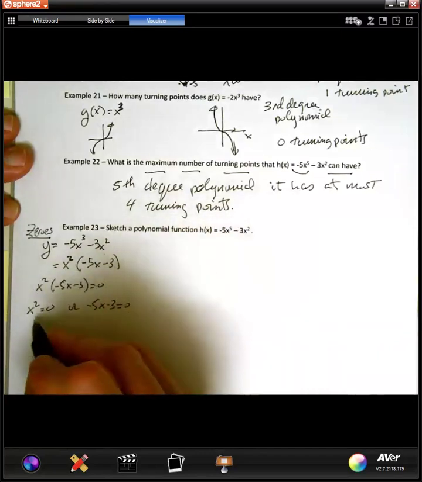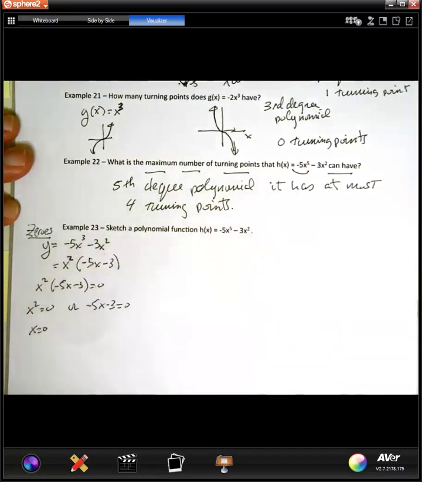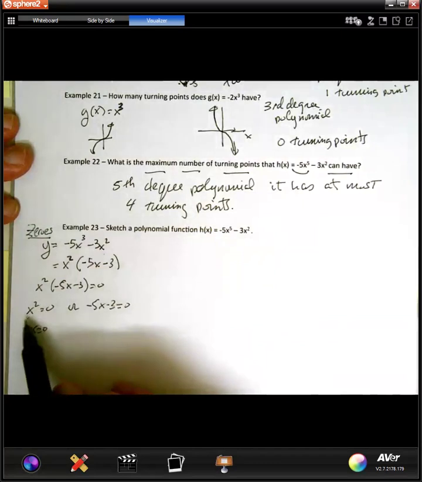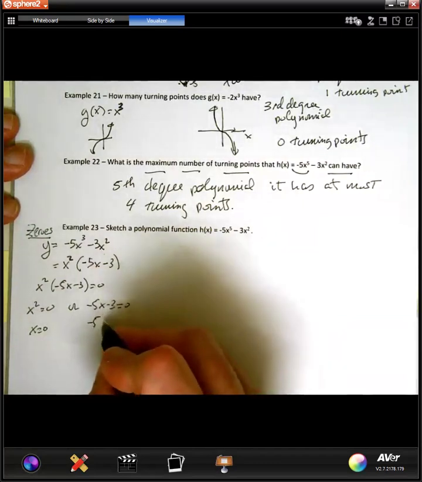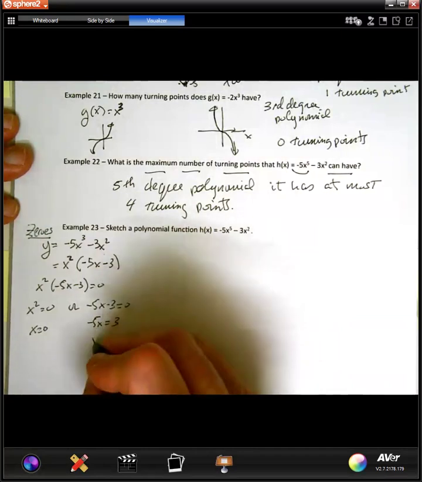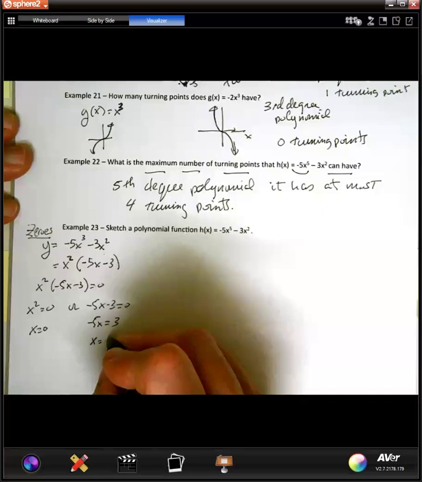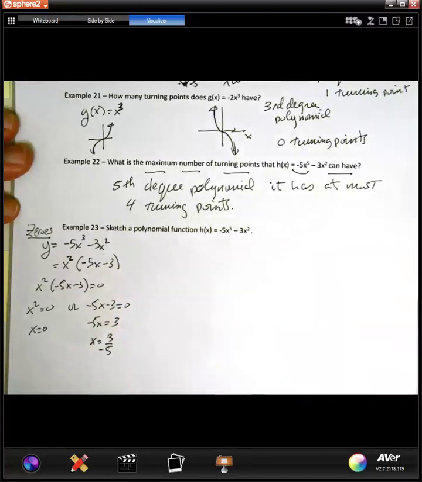So here, the only way this product can be equal to 0 is if x equals 0, visually inspecting it, or taking the square root of both sides. Here, it's a linear, so I'm going to just add 3 to both sides, divide by 5, and I get negative 3/5.